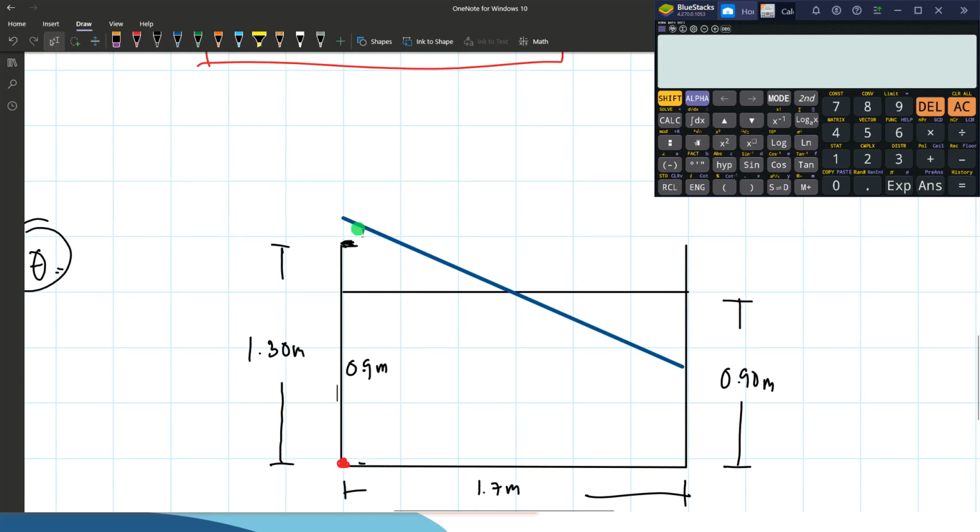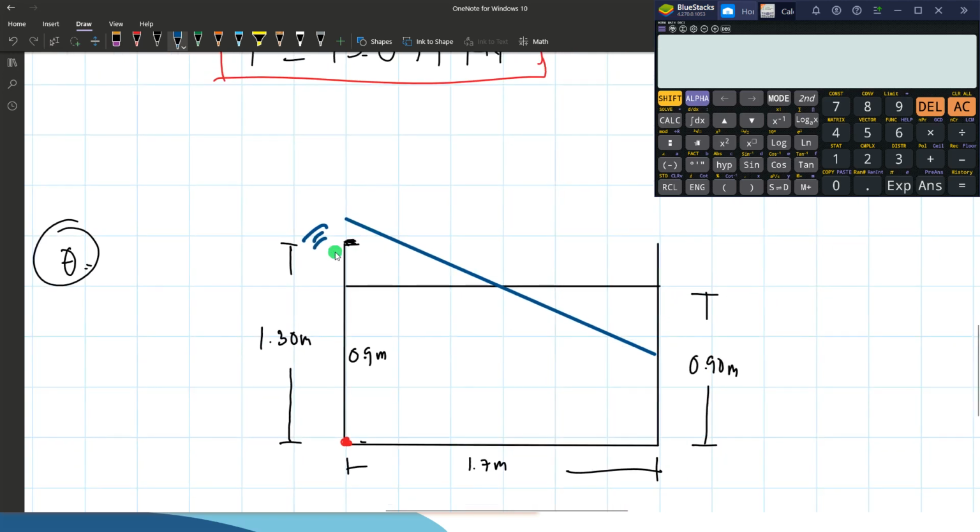Water will be spilled on this side. In this case, the angle theta will be constant.